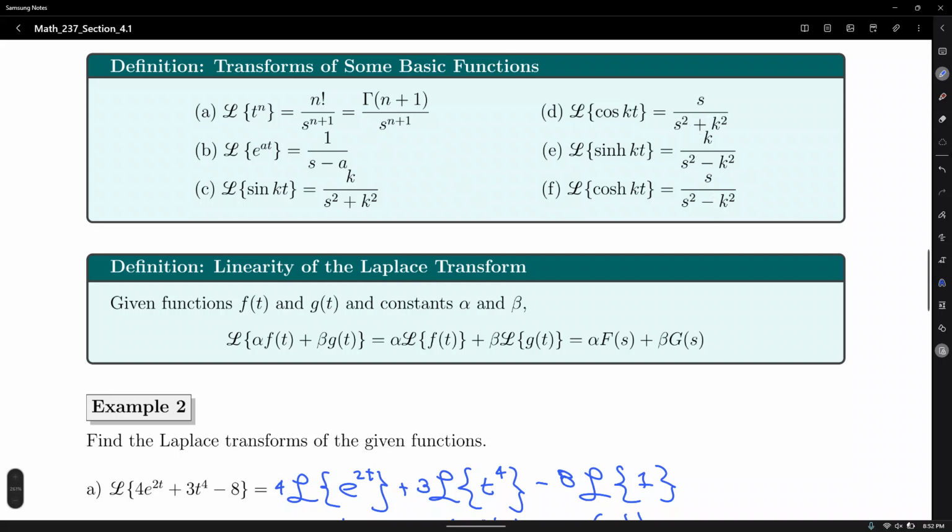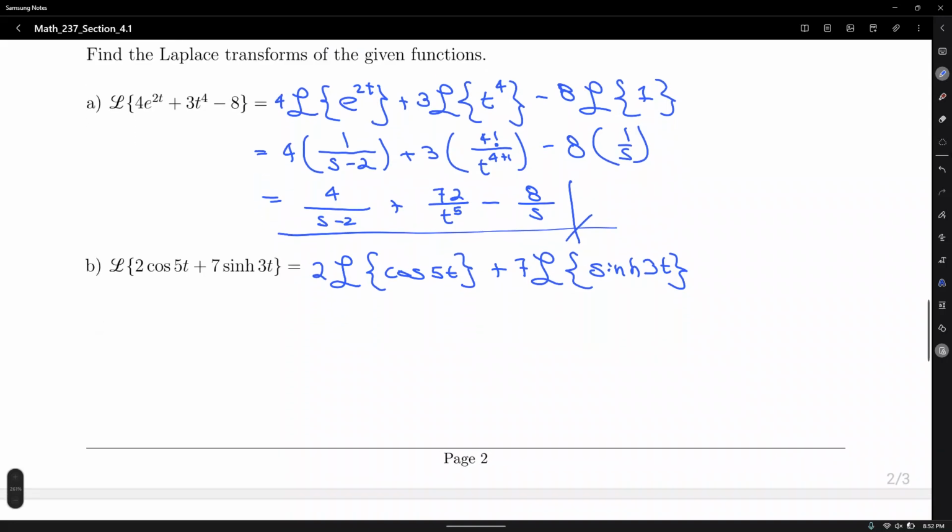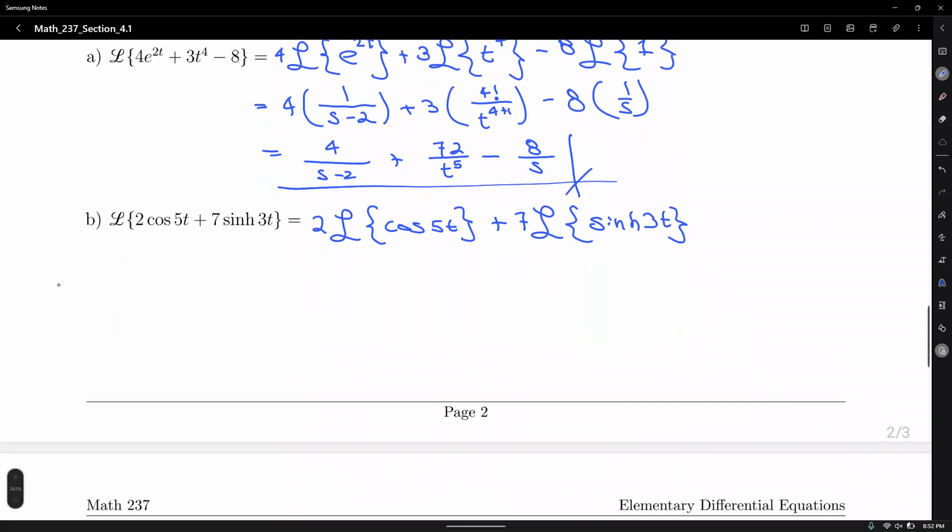Let's use those formulas to find the Laplace transform. This will be 2 times the Laplace transform of cosine, which is s divided by s squared plus 5 squared, plus 7 times the Laplace transform of the hyperbolic sine function, that is k, which is 3, over s squared minus k, which is 3, quantity squared.